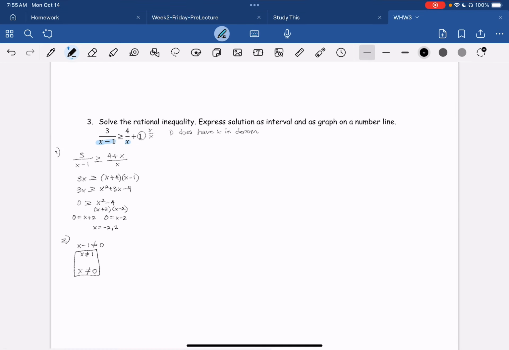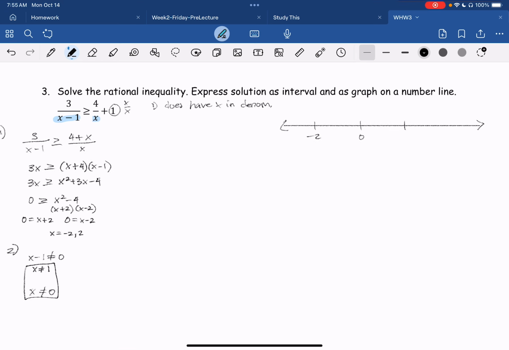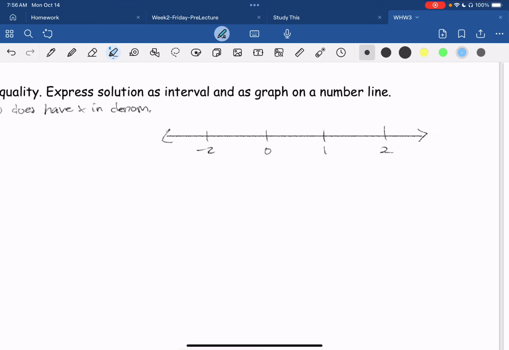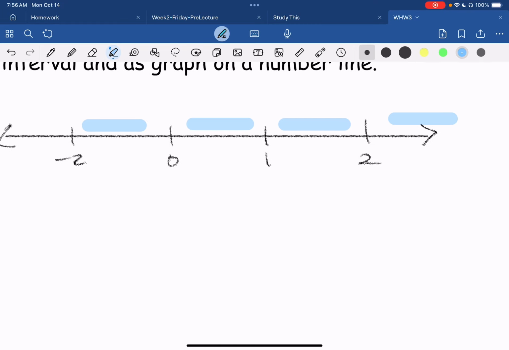So hopefully we can see now what values work. I have -2, 0, +1, and 2. So even though the inequalities only gave me -2 and 2, I'm still wanting to be super safe and plugging in numbers all around here.